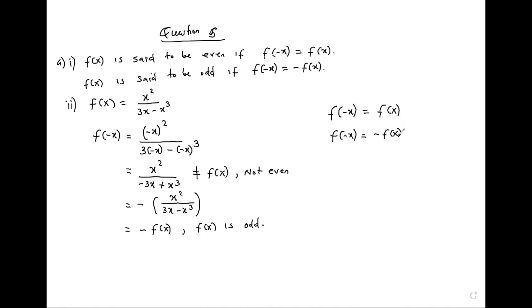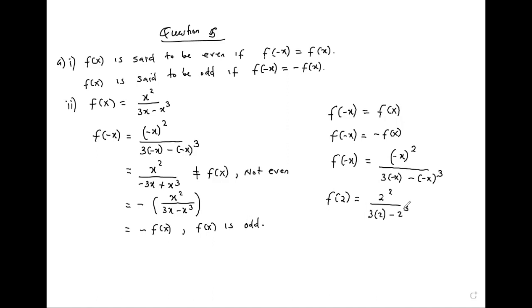Then you have a function to check. f of negative x means where there is x in the function, take negative x. You are replacing. The same way if we said find f of 2, you'd have said 2 squared over 3 times 2 minus 2 to the power 3.